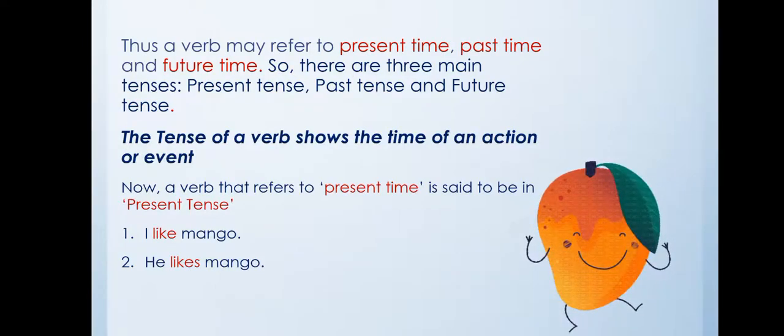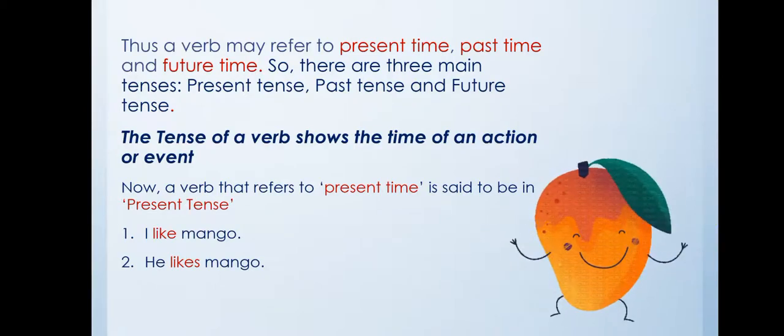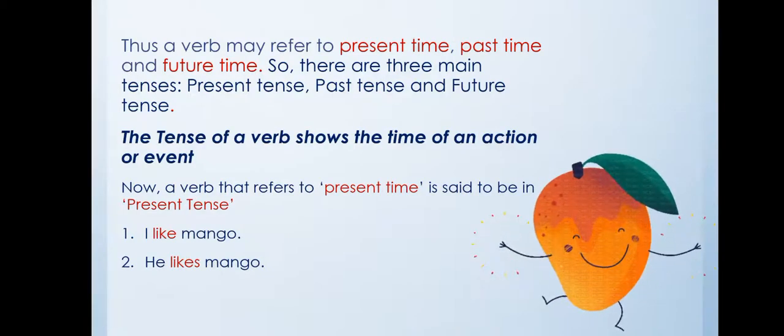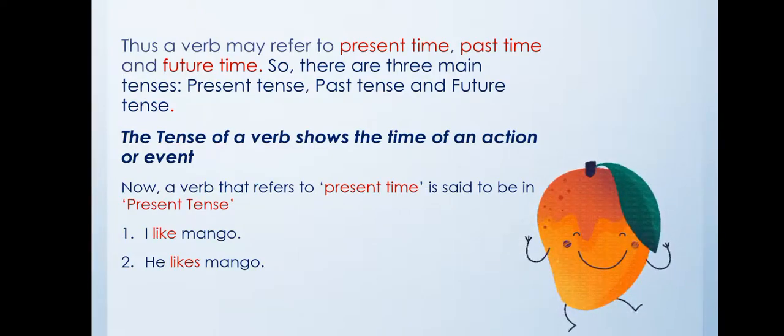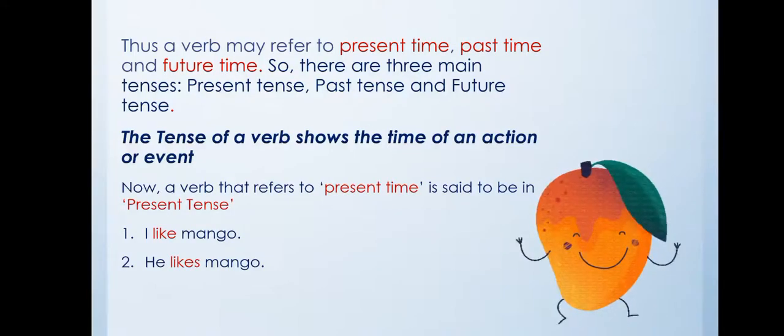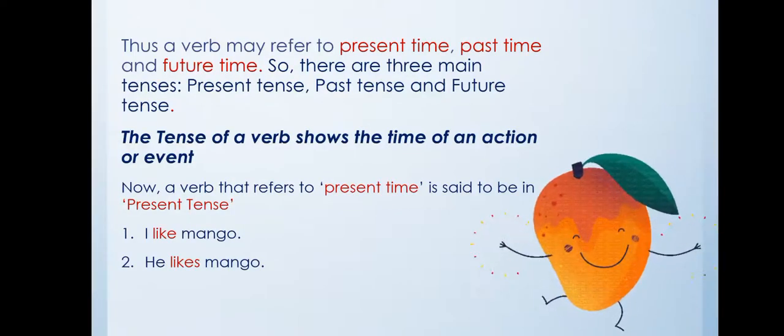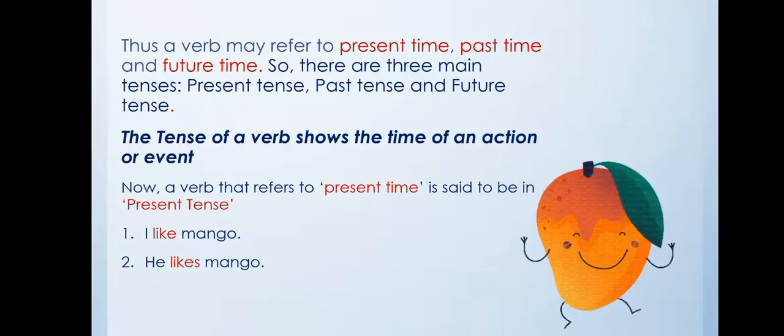So, there are three main tenses: present tense, past tense and future tense. The tense of a verb shows the time of an action or event. I already told you tense means time, and tense is denoted in a sentence by the verb.